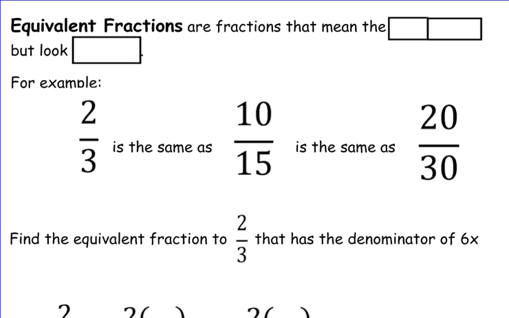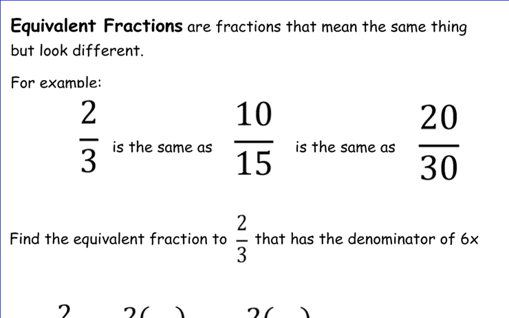And today's topic is making equivalent fractions. Equivalent fractions are fractions that mean the same thing but look different. For example, 2/3 is the same thing as 10/15, because 10/15 is really 2 times 5 over 3 times 5, and the same thing as 20 over 30, because this is 2 times 10 and 3 times 10.